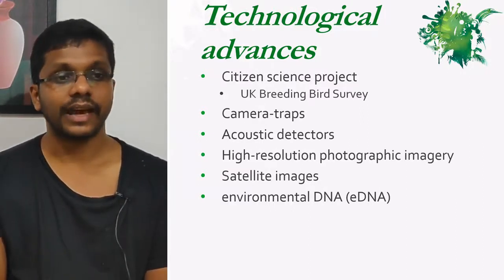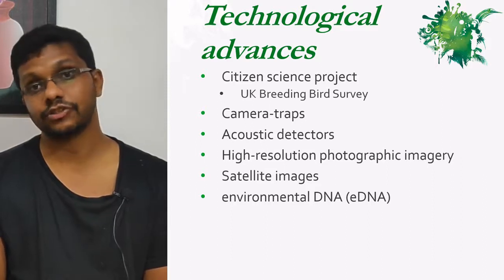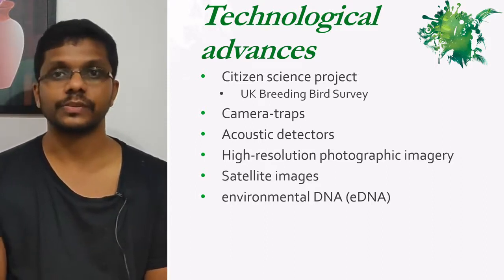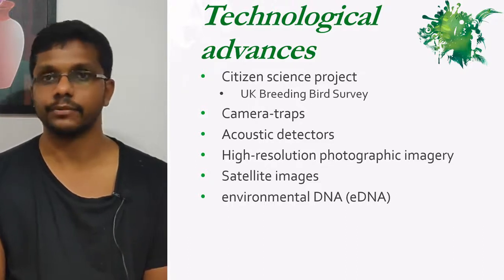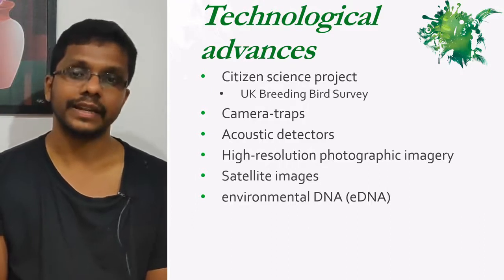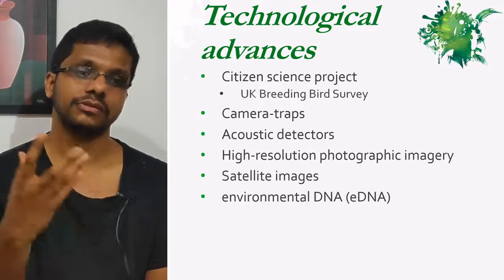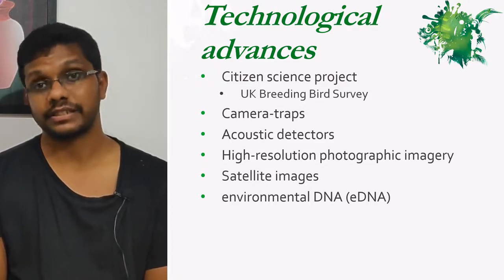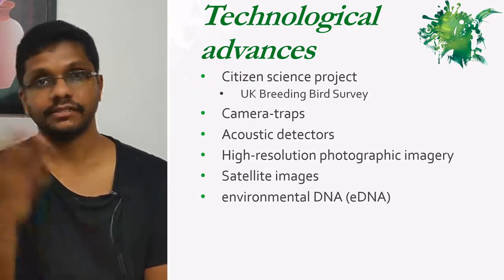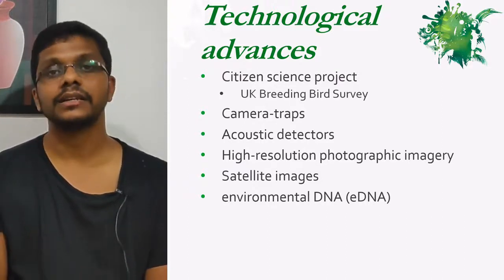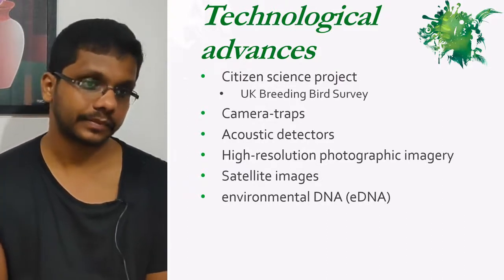Then we have acoustic detectors, which are used for animals. Based on the sounds produced by different animals, we can get data about different types of biodiversity in an area. Now we have highly advanced recording facilities, which can be placed in different places to get data about biodiversity by detecting the sounds.